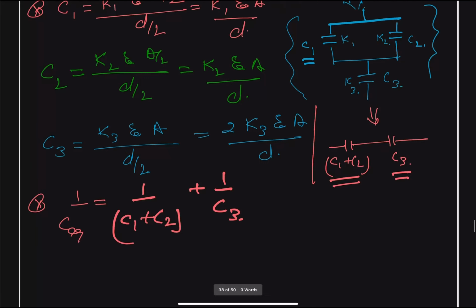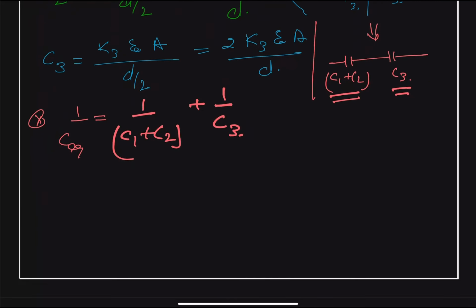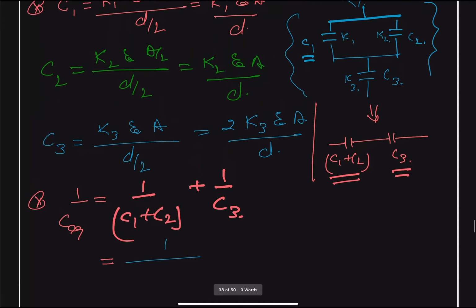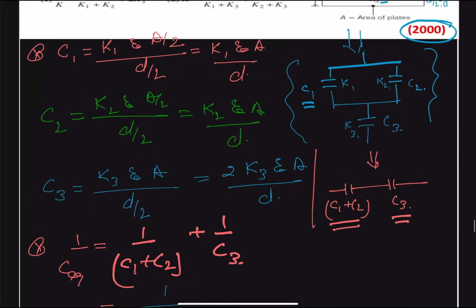And we can just substitute the values. C1 and C2 are almost the same with a minor difference of K1 and K2.